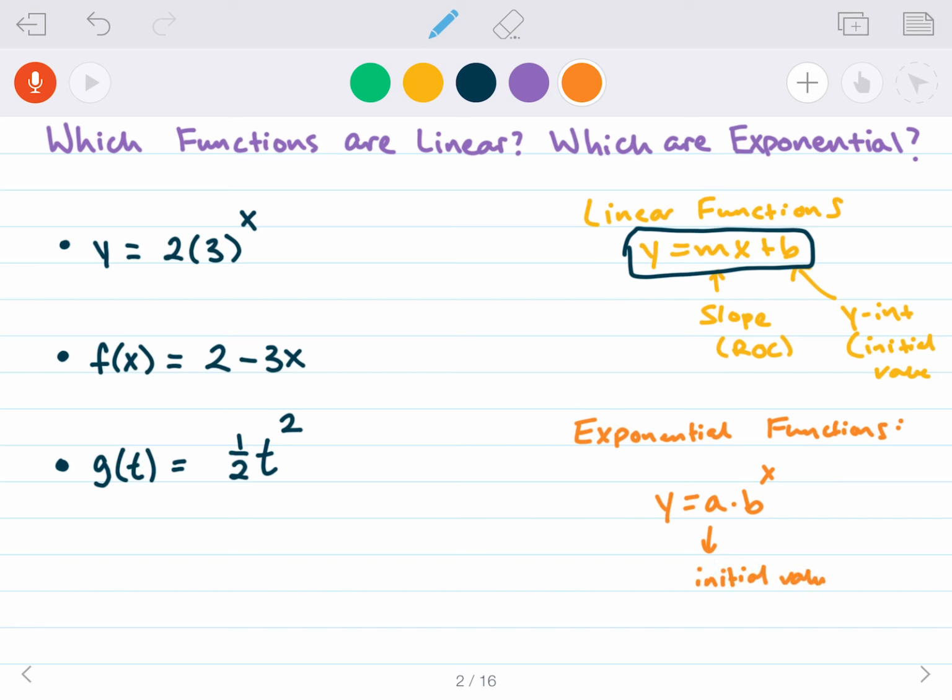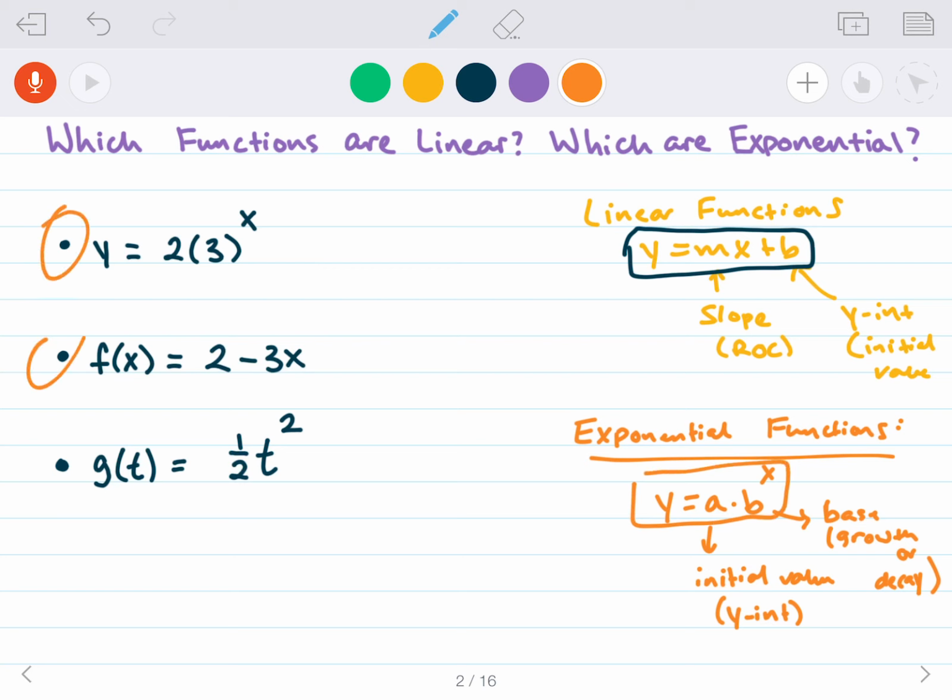Another way you can think of it is the y-intercept as well. And b was our base, and this was the growth or decay rate, depending on if it was bigger than 1 or between 0 and 1. Okay, so that's what these two things look like.